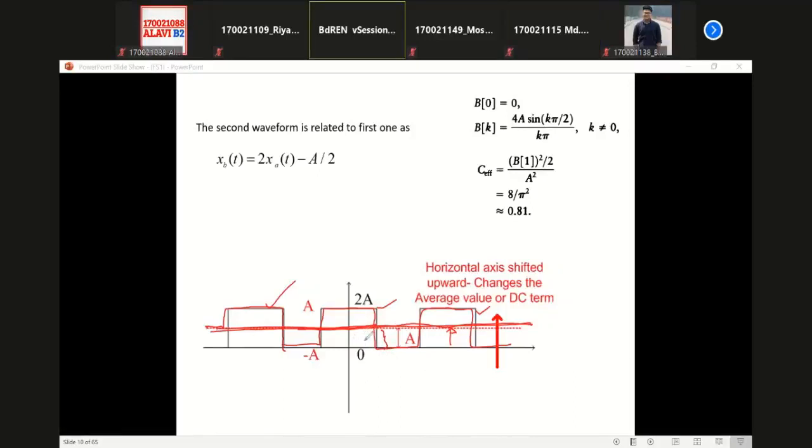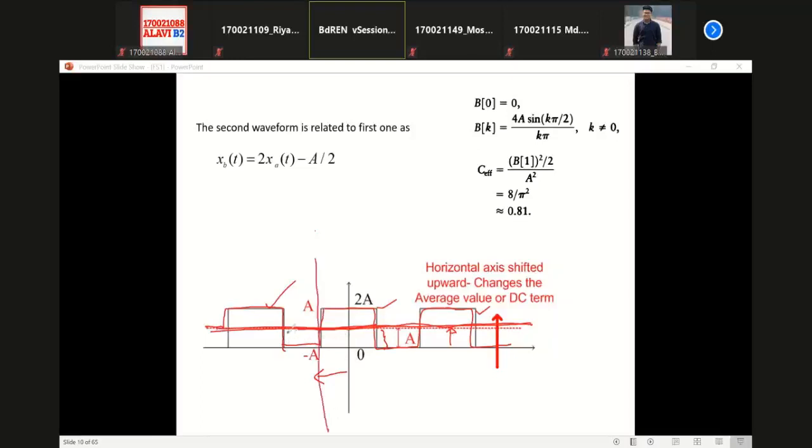Then we can easily find how much the DC value has changed if we shift the signal along the horizontal axis. But if we shift the vertical axis in this direction, what will happen? Say we bring the vertical axis to this new location here.